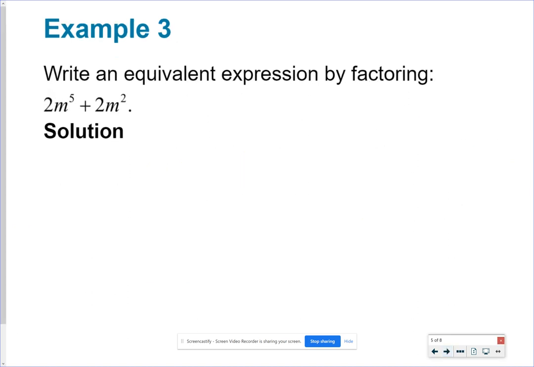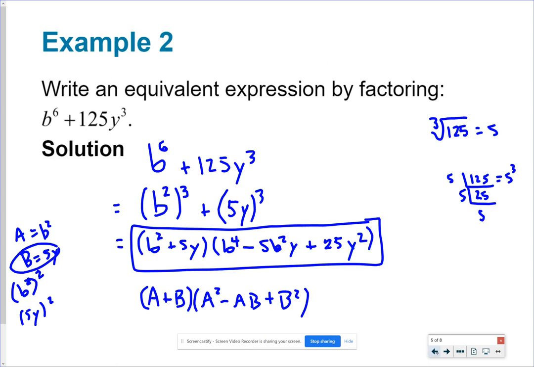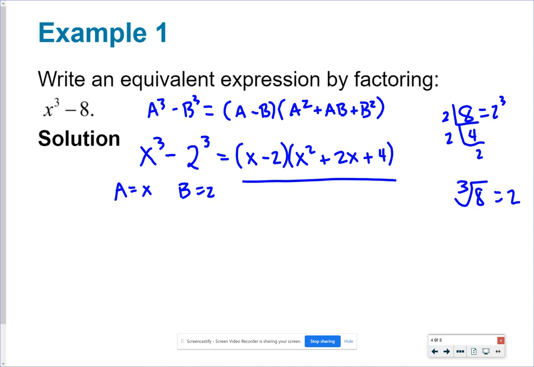All right. Example 3. Write an equivalent expression by factoring. So we're going to do 2m to the 5th plus 2m squared. You know what we should have been doing each time? Looking for a GCF. Right? For example 1, did we have a greatest common factor other than 1?